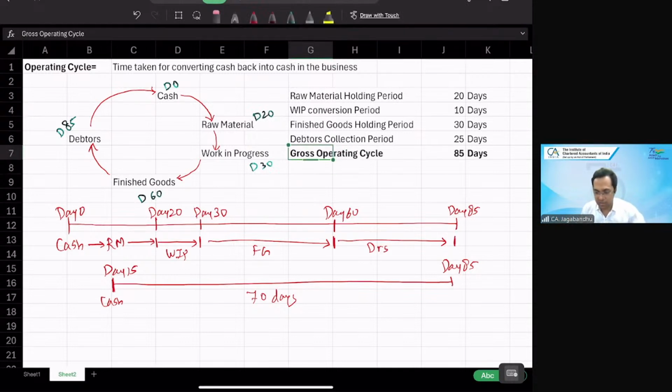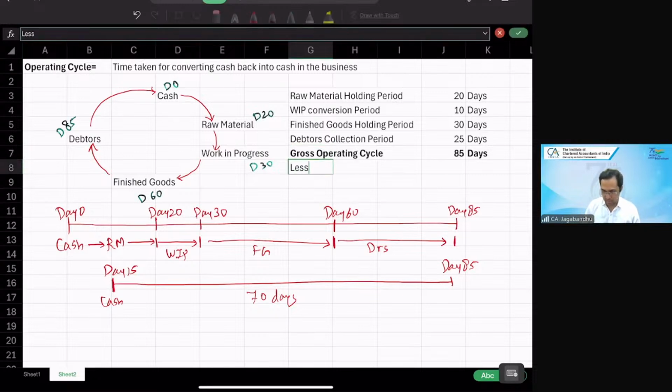Right. So gross operating cycle is 85 days. And then from that, we are going to subtract the creditors payment period. Creditors payment period was 15 days.